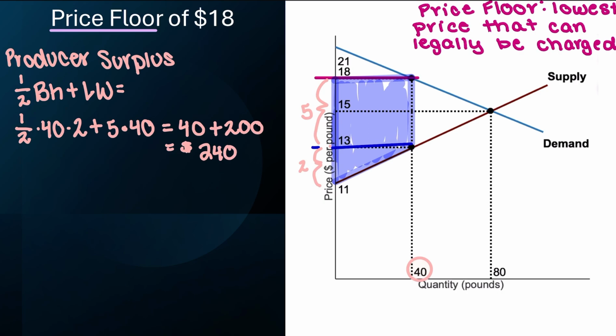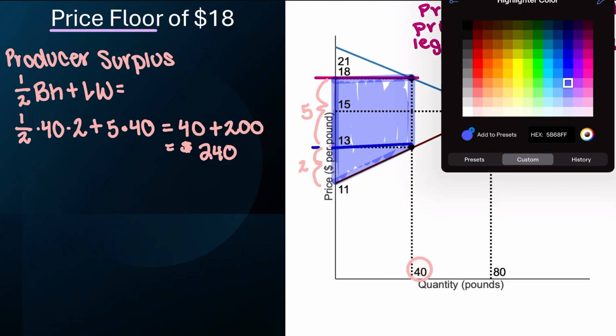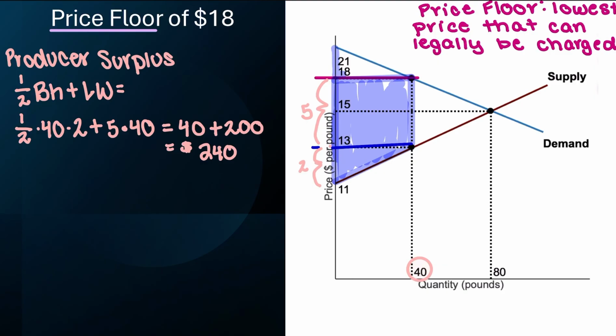Consumer surplus is the area below our demand curve, above our price. So it's going to be this little green triangle at the top. And that is going to be 1/2 base times height since it's a triangle.